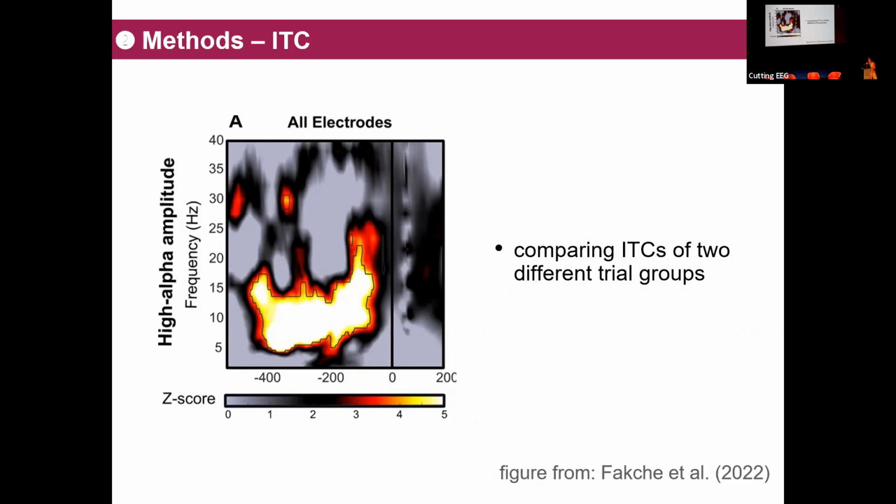So it was a behavioral report, and the trials were split into these two groups of categories. And then what was compared in this plot is we compare the intertrial coherence across the trials where the phosphene was seen versus the phosphene was not seen.